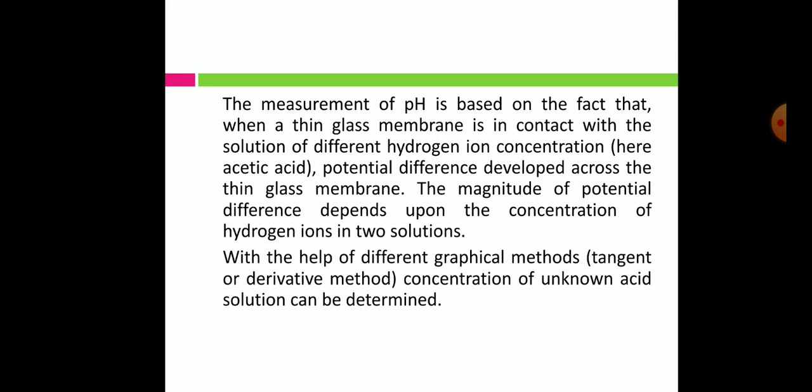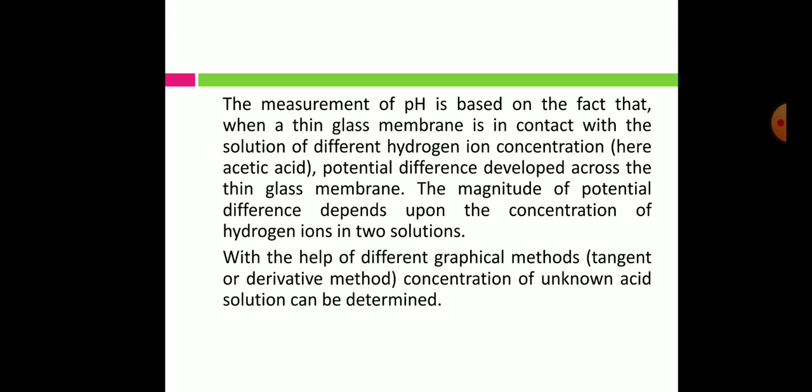Initially there is a gradual rise, and then just near the equivalence point there is an abrupt rise in the pH value. After that equivalence point, when NaOH is added again, the pH increases gradually. So, this is the pattern that is followed.